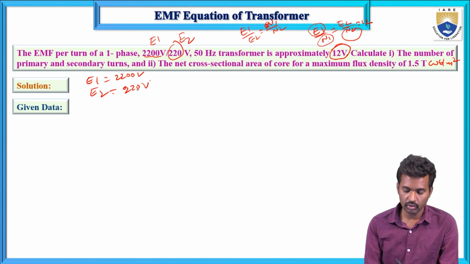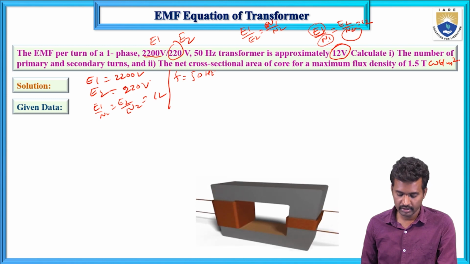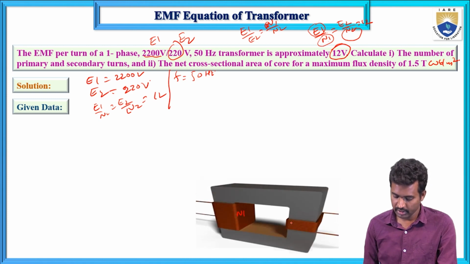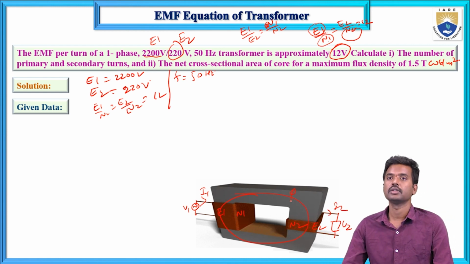Now here EMF per turn equals E1 by N1 equals E2 by N2 equals 12 volts, and frequency equals 50 Hz. So from this, first calculate. This is the transformer with primary winding turns N1, N2, and this is the V1, this is the load voltage V2, E2 and E1. This is the current I1, I2, and this is the flux.